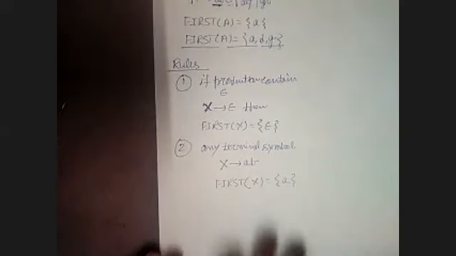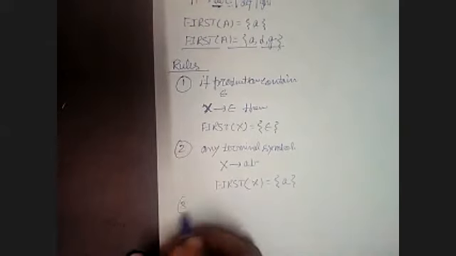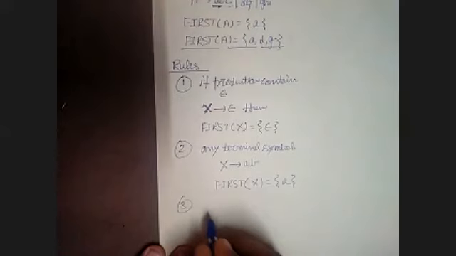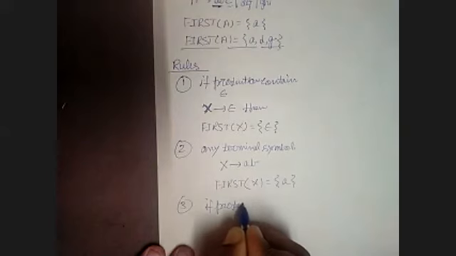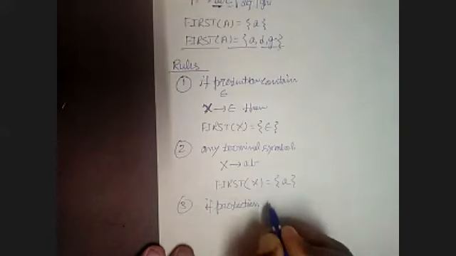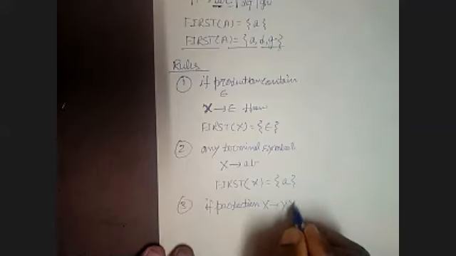Okay, right? Is that clear? Okay, now the rule number 3, right? This is an important rule. Okay, how to apply the rule number 3, right? So rule number 3, if the production, okay, X tends to Y1, Y2, Y3, right?